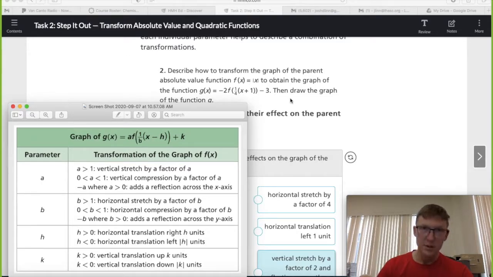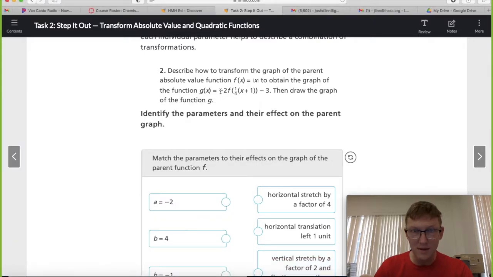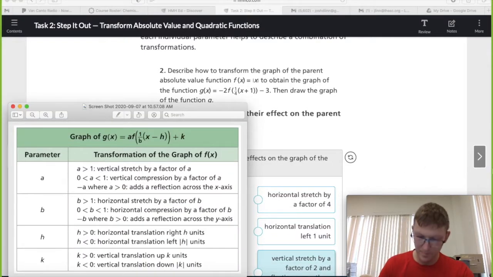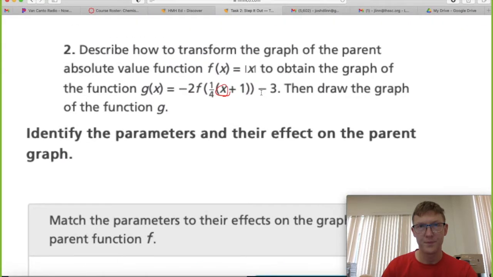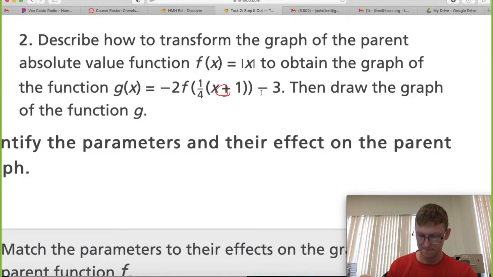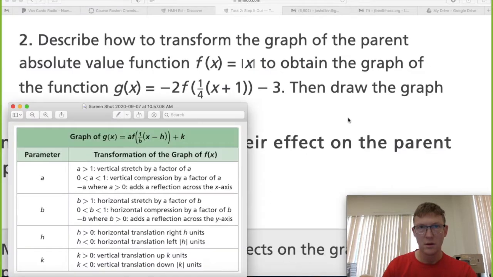So to start off with, we've got this -2 here. We're going to zoom in a little bit. So our A is going to be equal to -2. So that's what that part's right there.